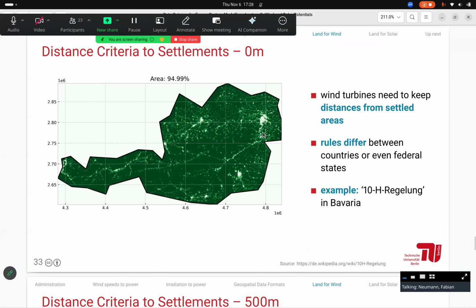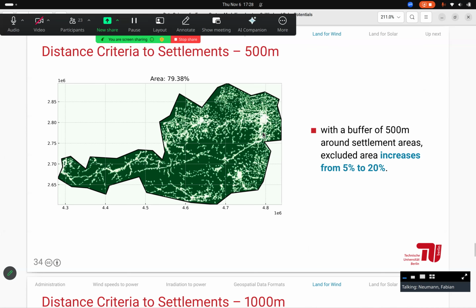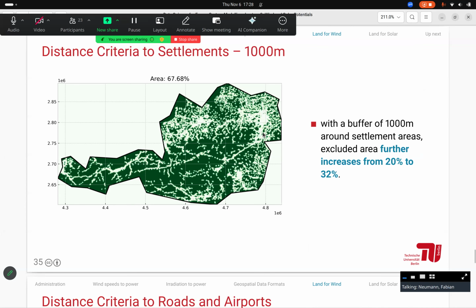But if you take 0 meters and go to 500 meters, which is still a relatively lax criterion by comparison to the different countries, you're now excluding not 5%, but 20% of the area. If you go to 1,000 meters, you're not excluding 20%, but 32%.